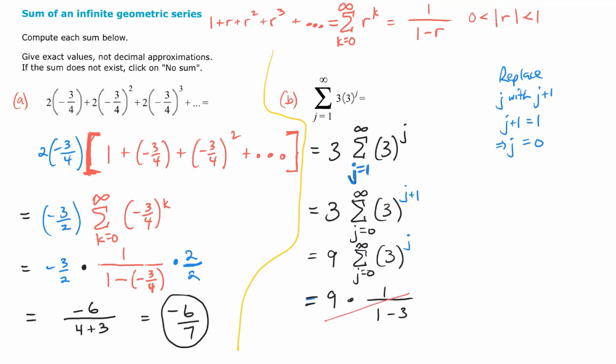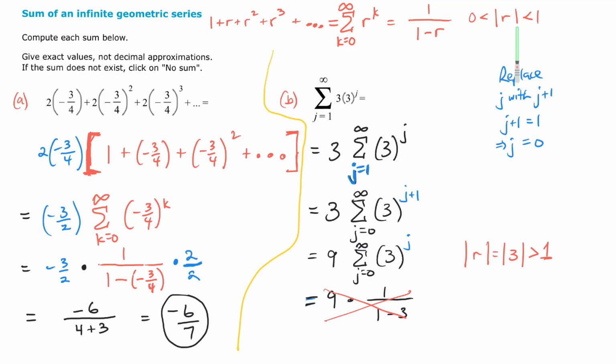How come when I got to here, I need to stop? What is the absolute value of our common ratio? The absolute value of r is equal to the absolute value of 3, which is greater than 1. That is not good. Why is it not good? Because it doesn't converge.